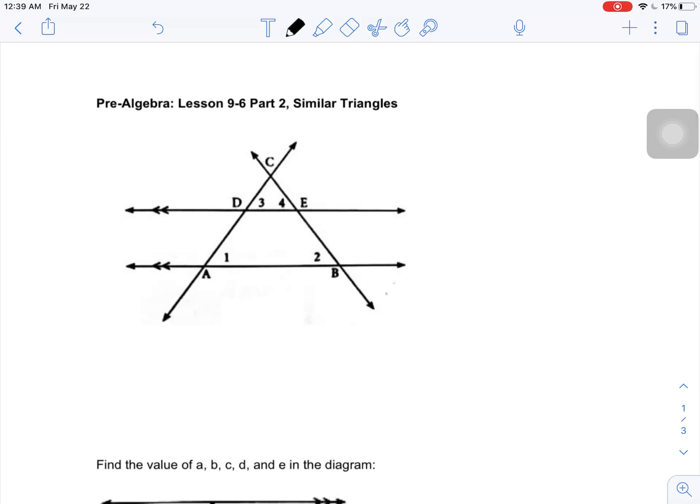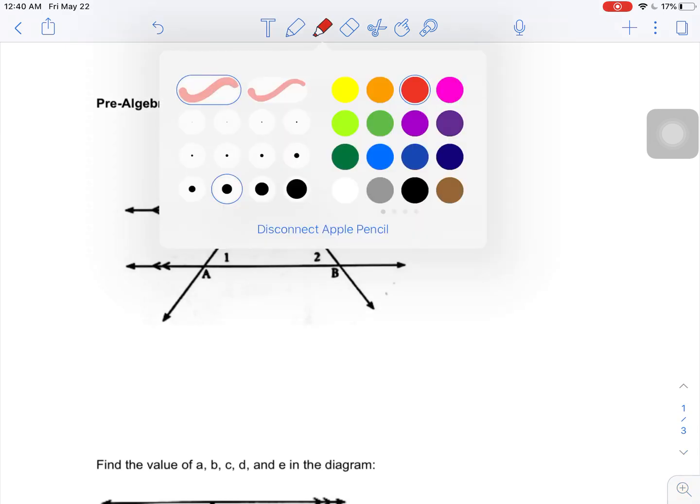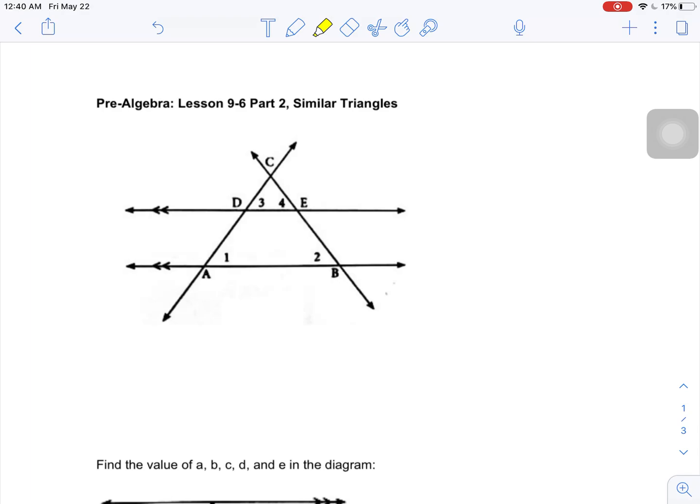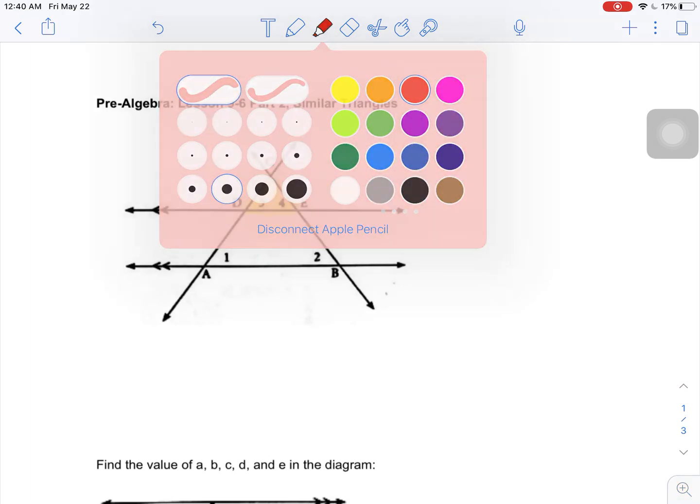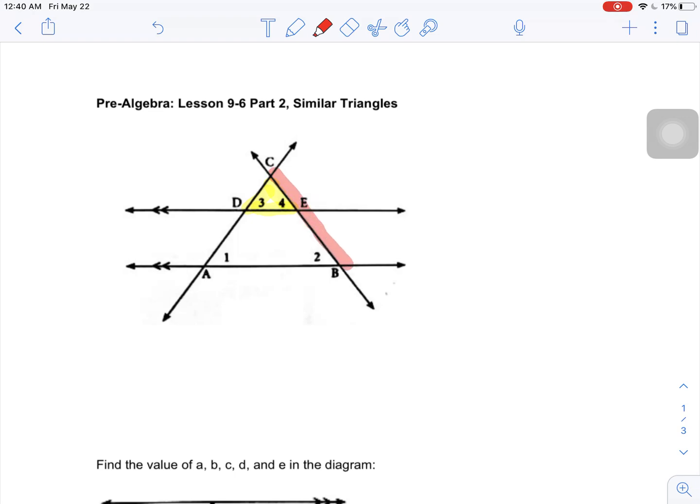So first things first, we said that we have two similar triangles in this diagram. So I'm going to go through and highlight those again. So we've got this yellow triangle here, and it is similar to this red triangle out here. So it's actually inside that triangle. So those are our two similar triangles.